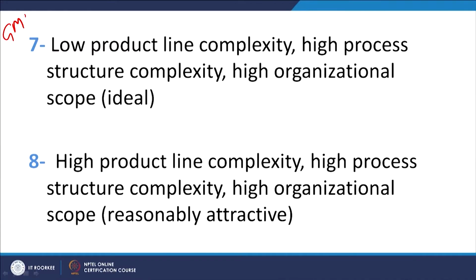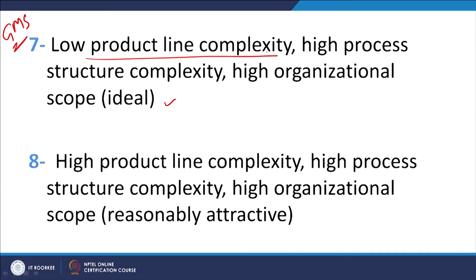Then coming to the seventh type of generic manufacturing strategy, we have low product line complexity, high process structure complexity and high organizational scope. That is again an ideal type of generic manufacturing strategy, because low product line complexity means you are offering narrow product lines, a limited number of products in your product lines.